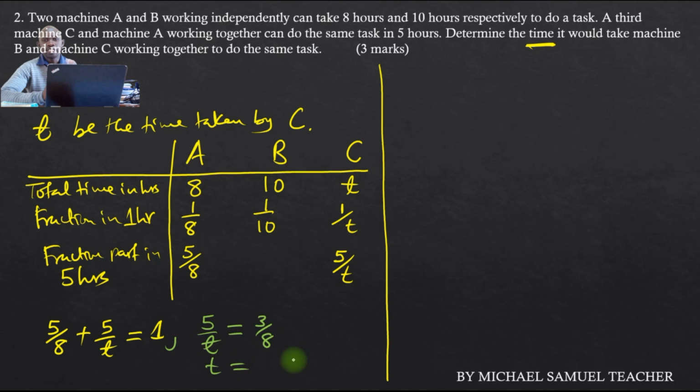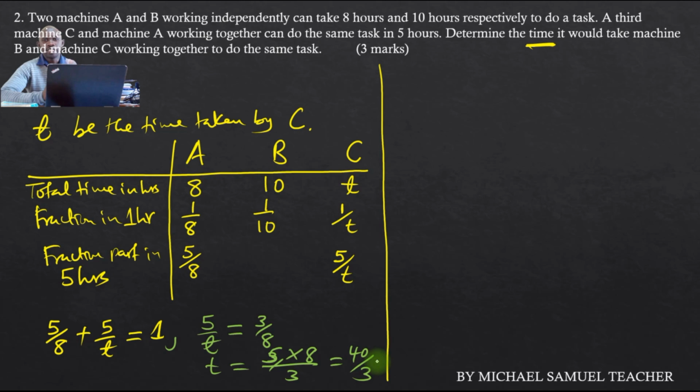So t over 5 will be 8 over 3, so t will be 5 times 8 all over 3, which is 40 over 3. And that is the value of t, but we are not yet through.